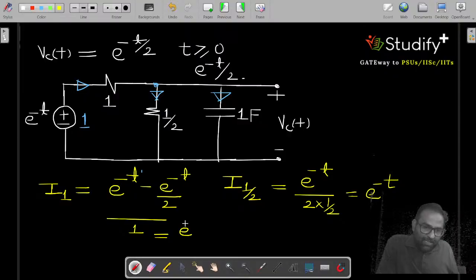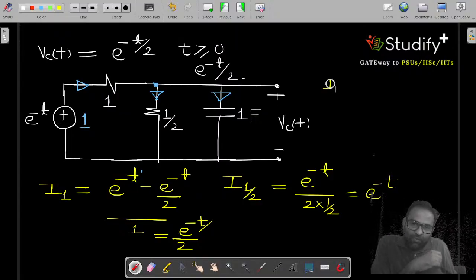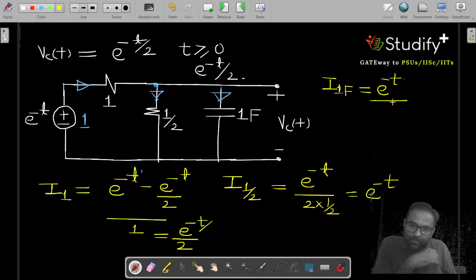So e to the power minus t by 2 is the current coming in, and what is the current here? E to the power minus t. So what is the current in the 1 farad capacitor? The current in the 1 farad capacitor is given by incoming current minus current going into this branch.